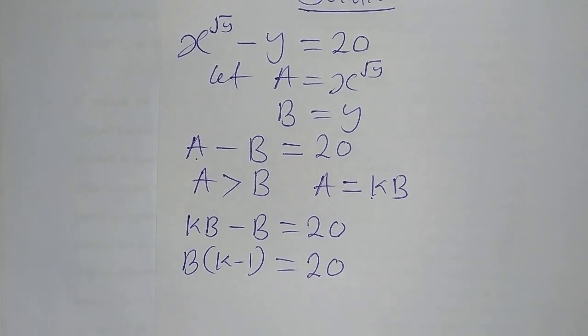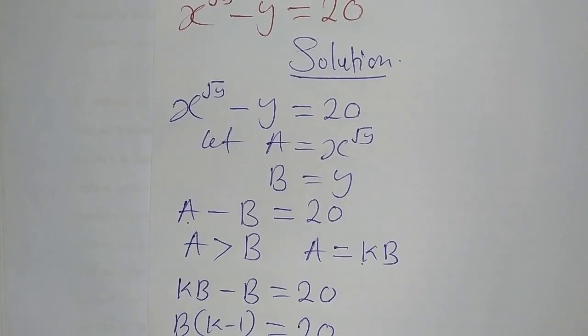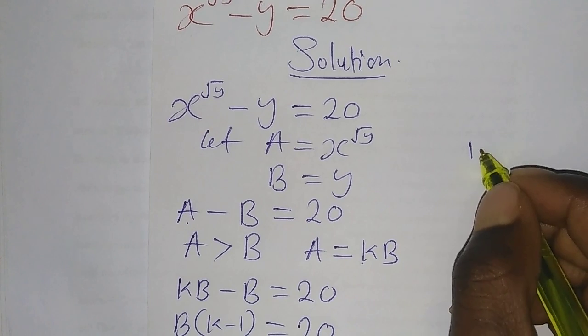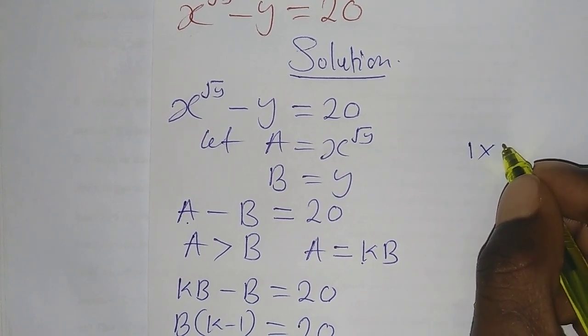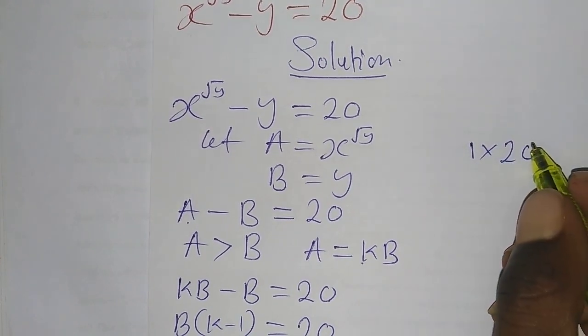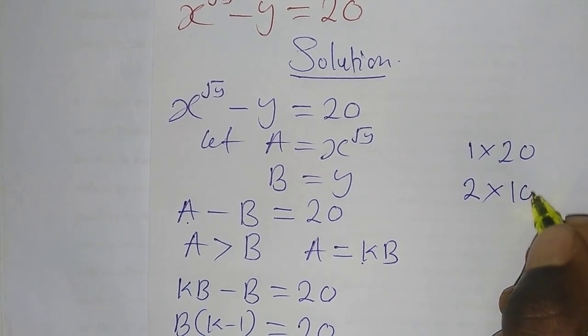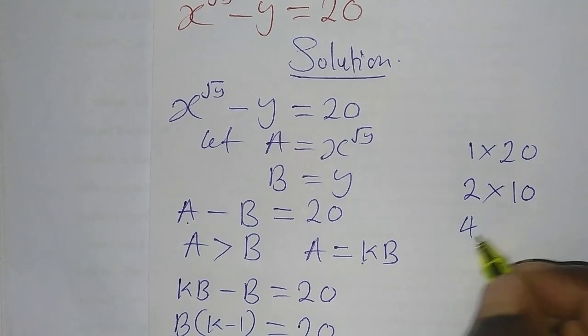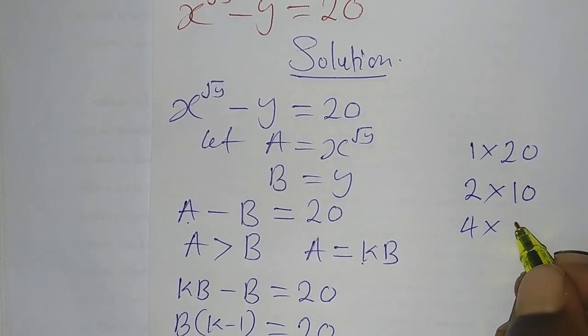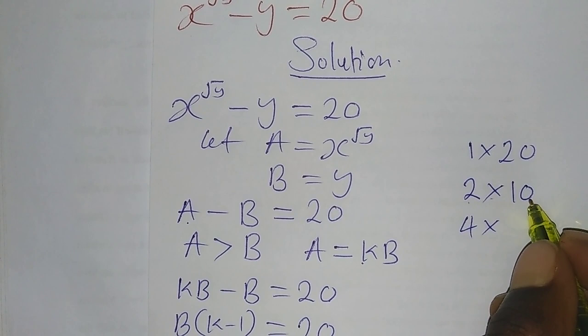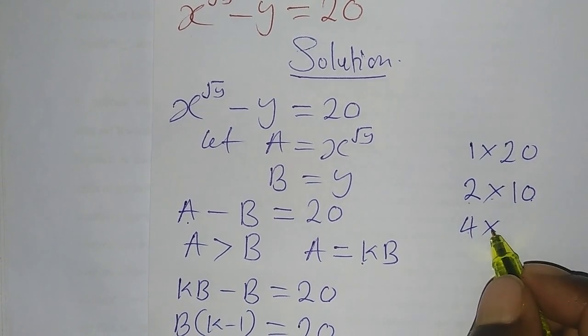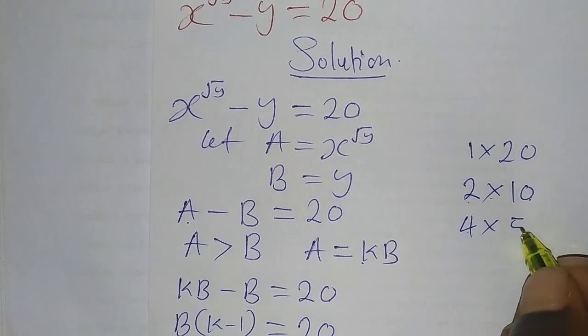Now, we look for factors of 20 in order to solve this equation. These factors are 1 multiplied by 20, 2 multiplied by 10, and 4 multiplied by 5.